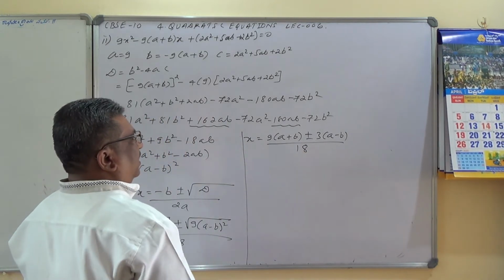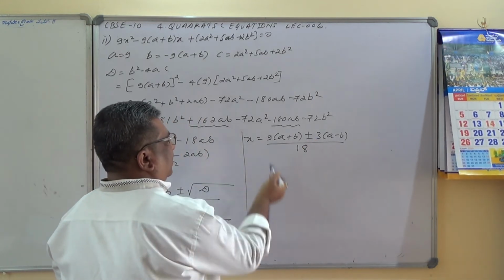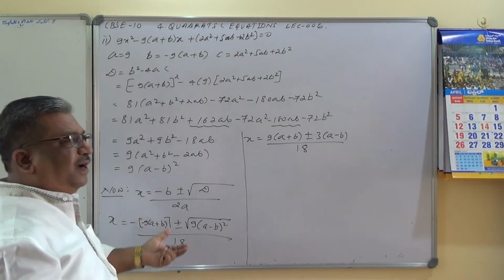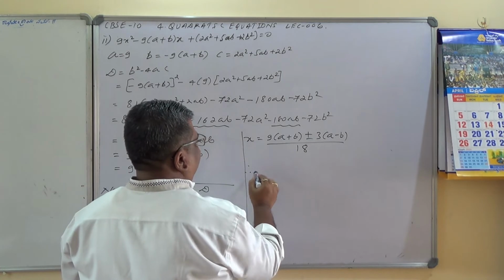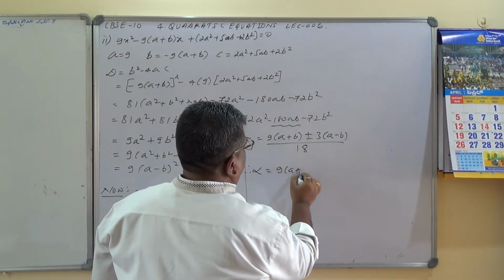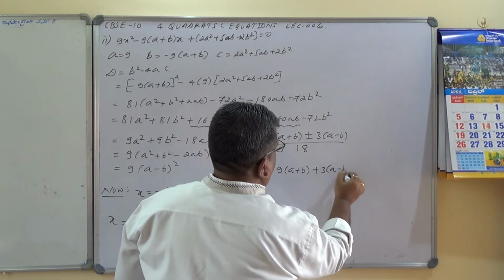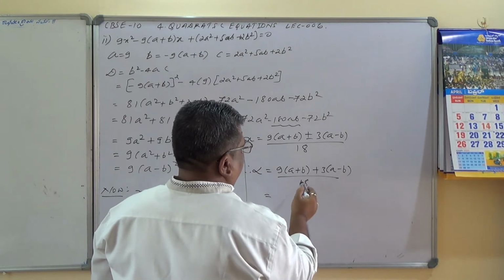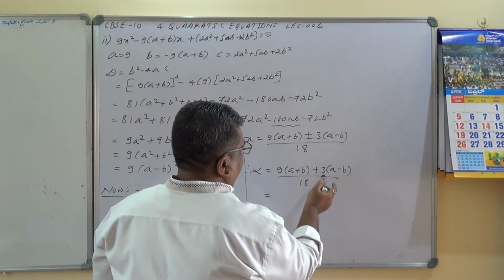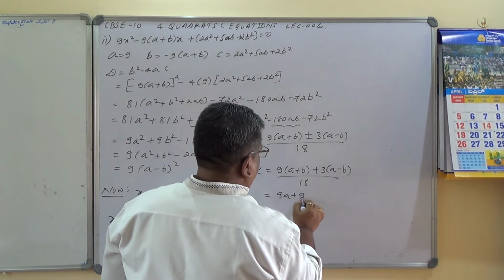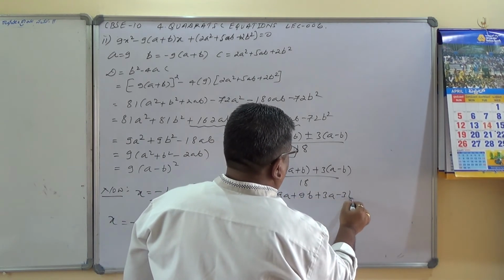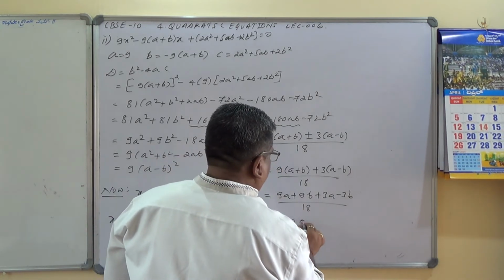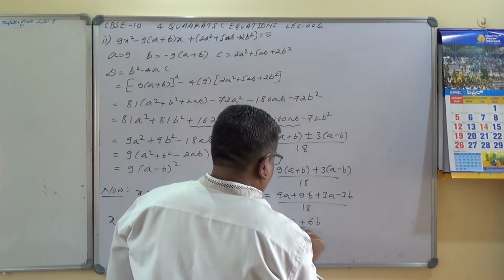So there are two values for x here. The first value with plus I will take, the second value with minus. Let me consider the roots of this equation as alpha and beta. One value of x is alpha, which is (9(a + b) + 3(a − b)) divided by 18, which equals (9a + 9b + 3a − 3b) divided by 18, that is (12a + 6b) divided by 18.